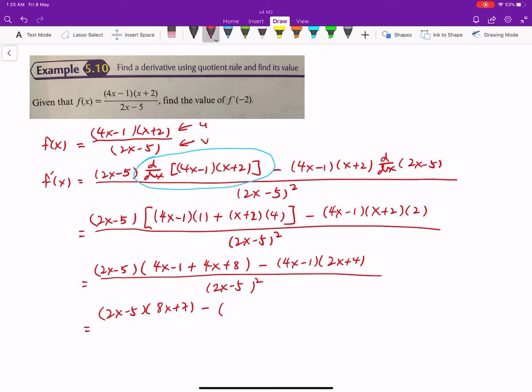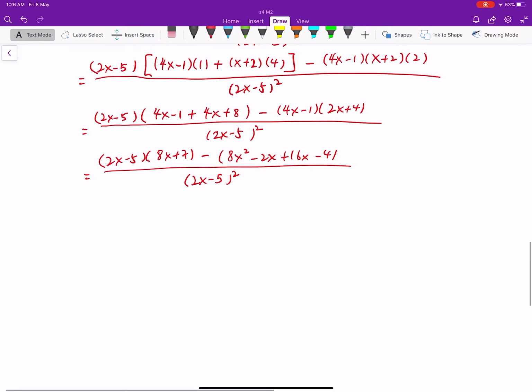We can get this 8x squared minus 2x, 16x minus 4. Continue.